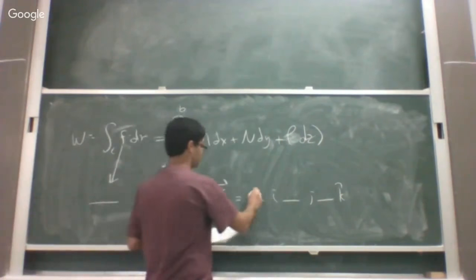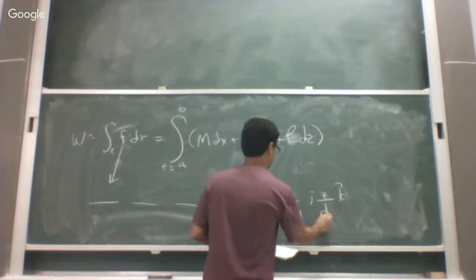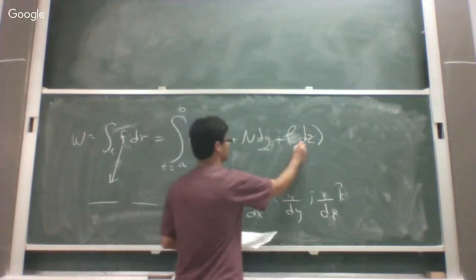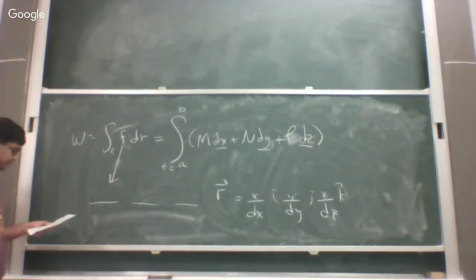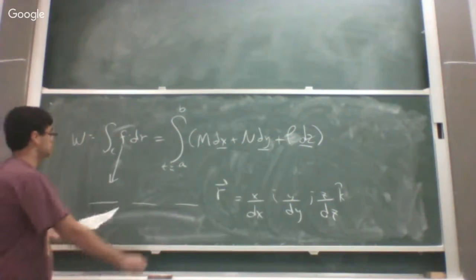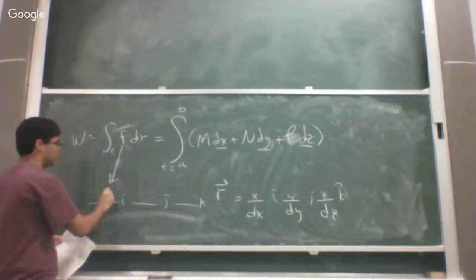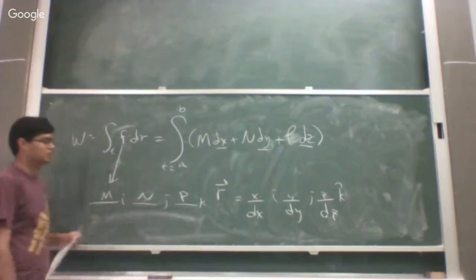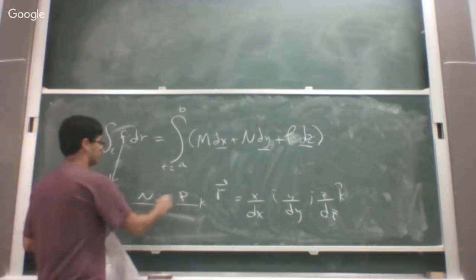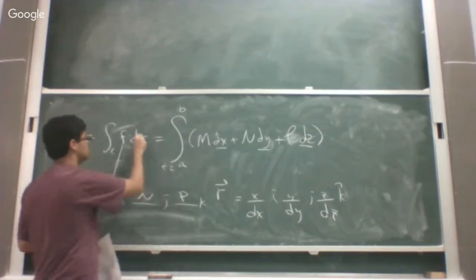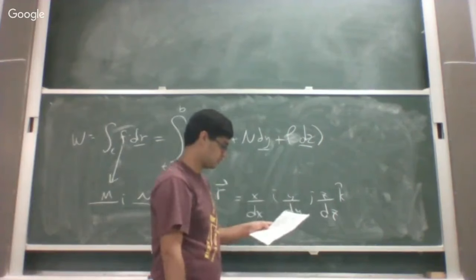That's how you get dx, dy, dz for these parts. And then your original force equation has i, j, and k, which are your M, N, and P. Does that make sense? Quickly went over that, but so you get your M, N, and P from your force equation. The dr gives you your dx, dy, dz, and that's how you solve for work.